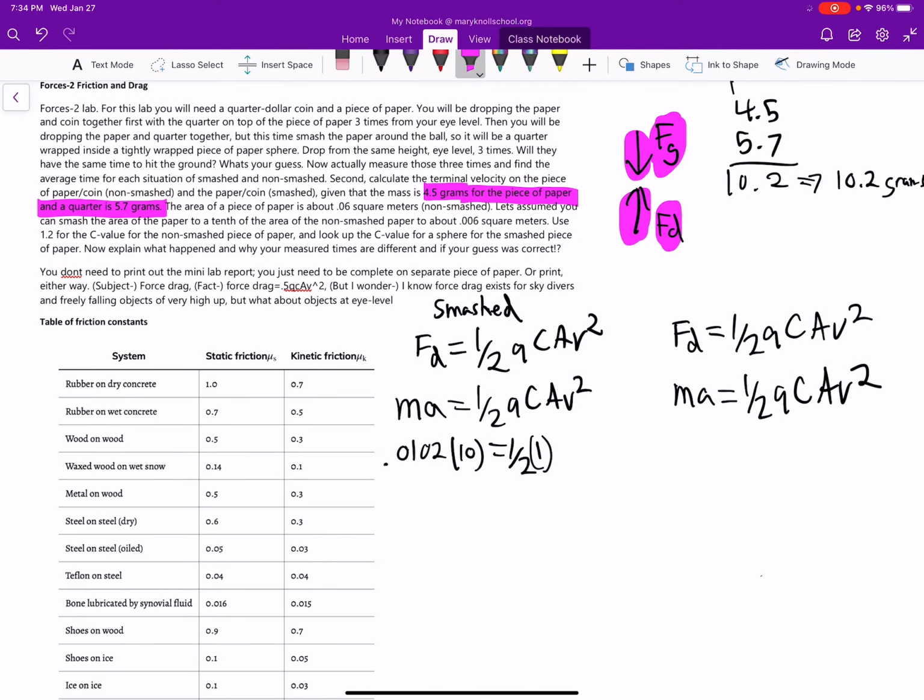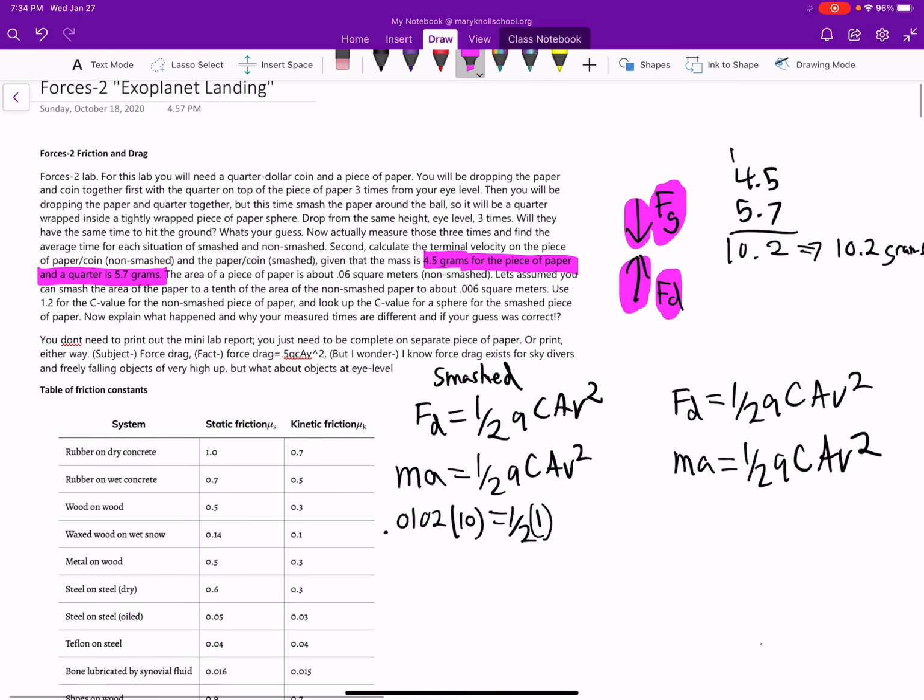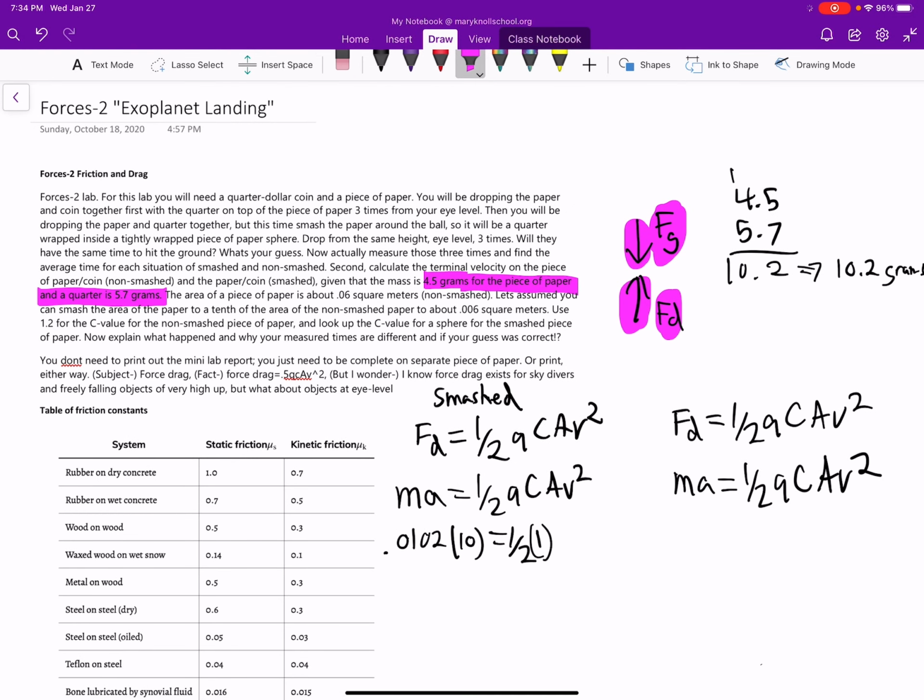Okay, we're going to read it: use 1.2 for the C value of the non-smashed piece of paper, and look up the C value for a sphere for the smashed piece of paper. Okay, so non-smashed. Let's do non-smashed here, and let's go ahead and fill this out because we know the C value for that.